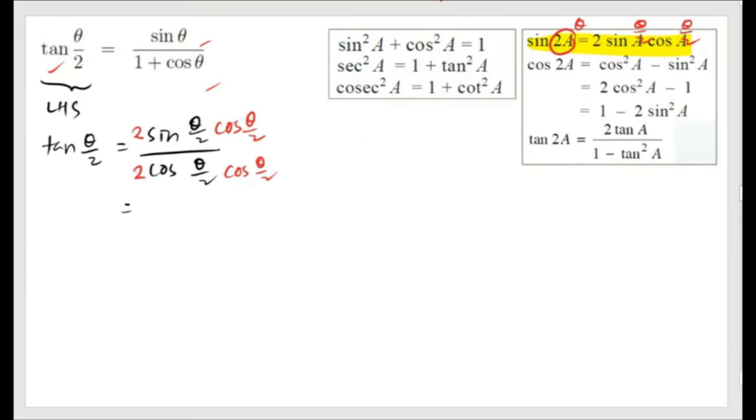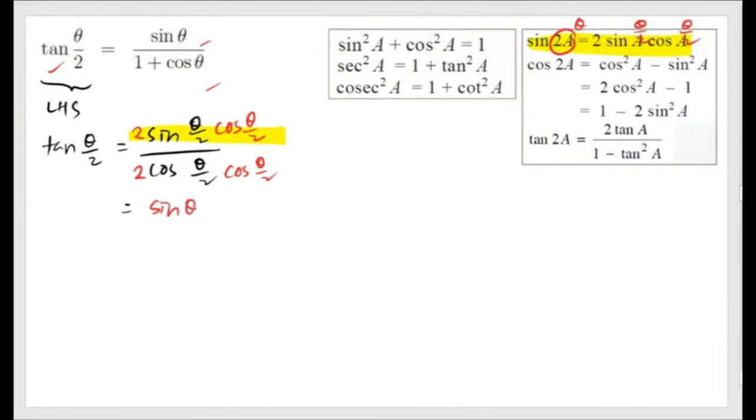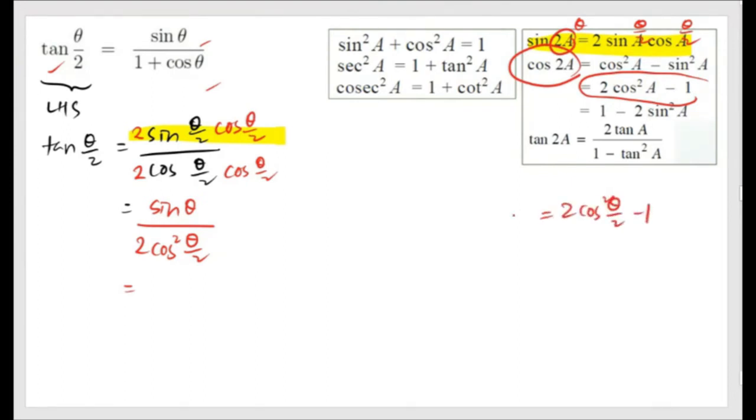Okay. Up, 2 sine theta over 2 cos theta over 2, so it becomes sine theta. So upward becomes sine theta now. Then downward 2 cos square theta over 2. So 2 cos square theta over 2 equal to what? 2 cos square theta over 2 minus 1 equal to cos theta.